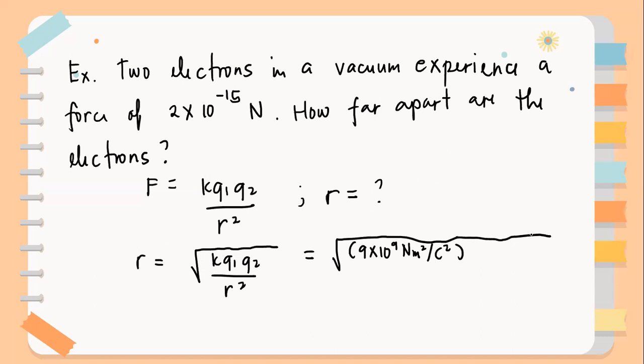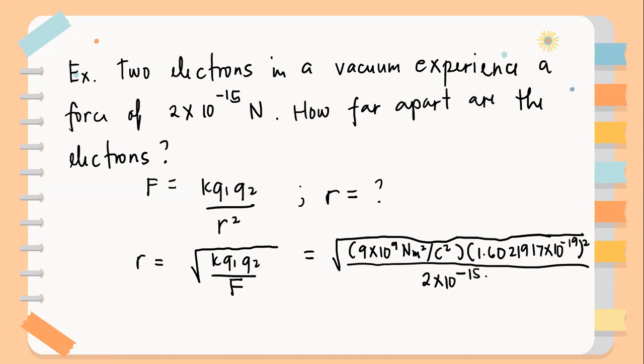The charge of an electron is 1.602117 times 10 to the negative 19 Coulomb, for each of the two electrons, over F, the force of 2 times 10 to the negative 15 newtons.